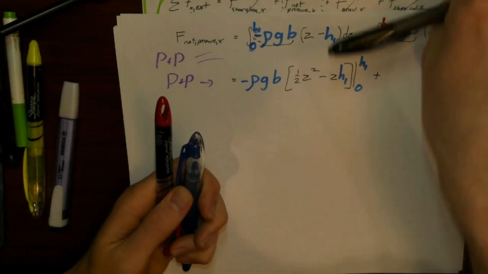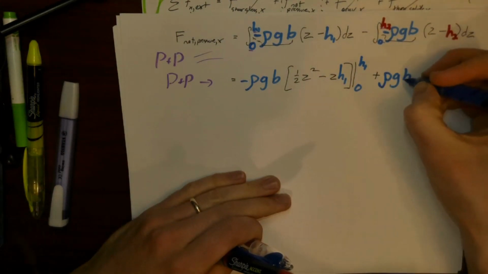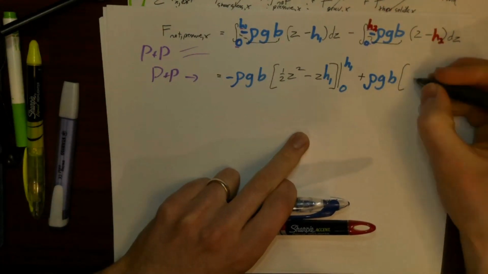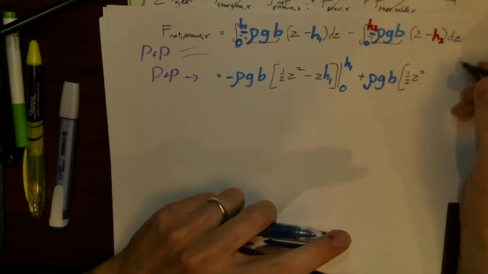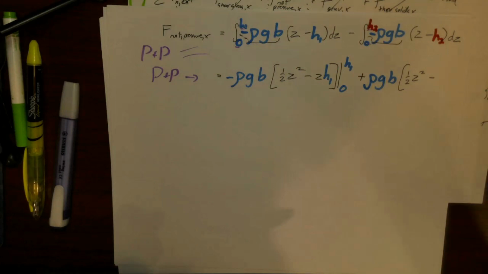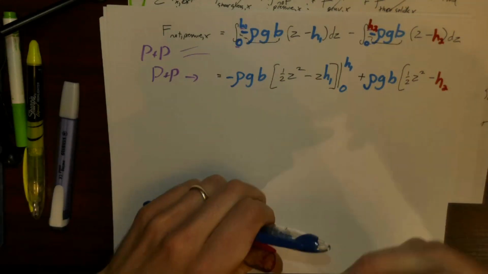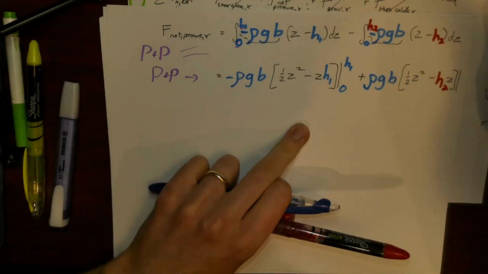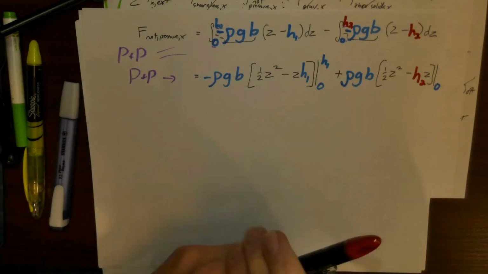We get plus because these two minuses cancel out. We get rho g b. When we integrate z, we get 1/2 z squared. And then h2 is of course a constant with respect to z, so we get h2 z. And of course these would be evaluated from 0 to h2.